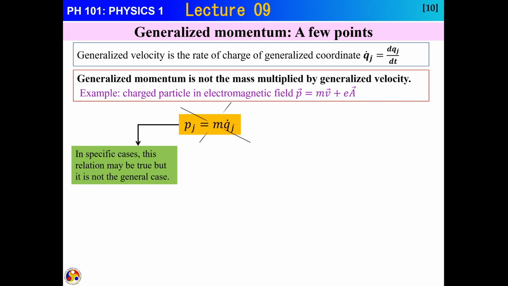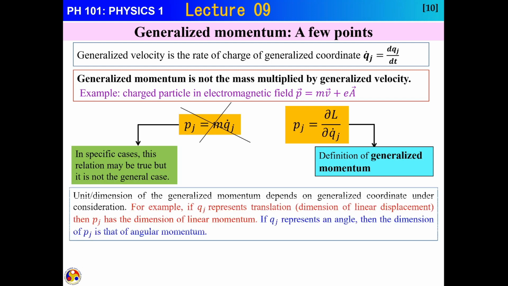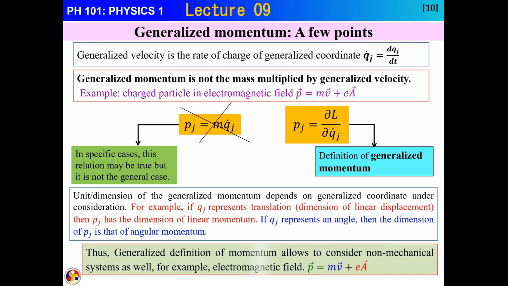We should rather write it differently, as the partial derivative of the Lagrangian with respect to the generalized velocity. Now, if Qj represents a linear displacement, then you will get Pj as a linear momentum.